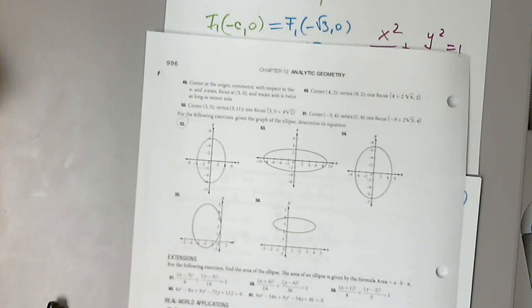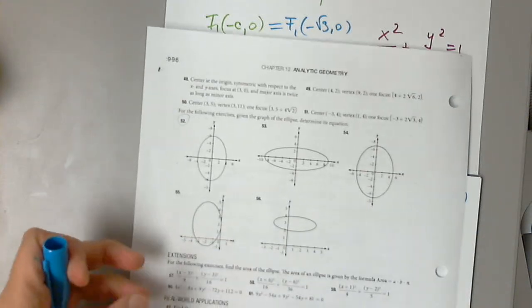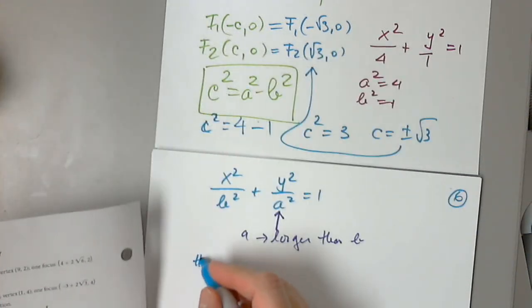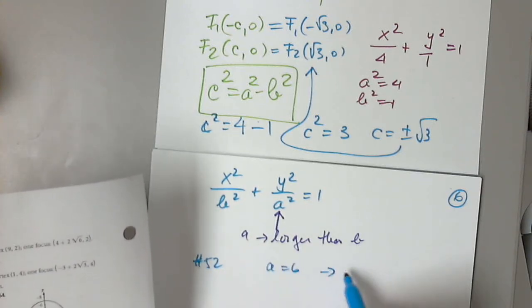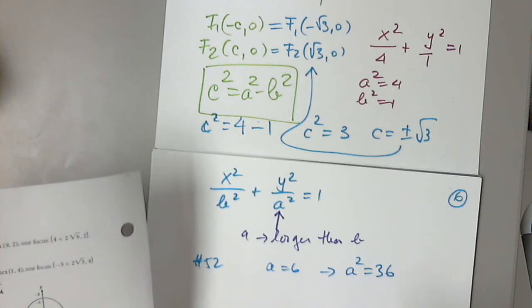Okay, so obviously it looks like the major axis is on the y-axis. So under y squared, we would have a bigger number, right? I see that this is negative 6 and that's positive 6. I see that this is 2 and this is negative 2. I see that the ellipse is centered at the origin. So for 52, we have a equals 6, which means a squared equals 36.